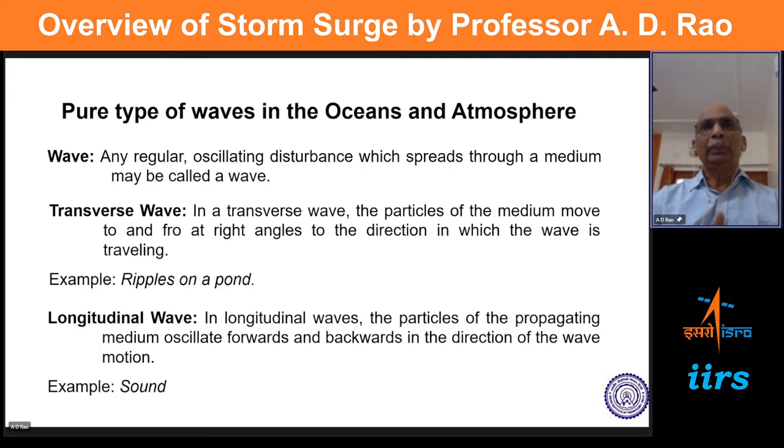In transverse waves, the particles of the medium move to and fro at right angles to the direction of wave propagation. The best example we learned in school is ripples in a pond.